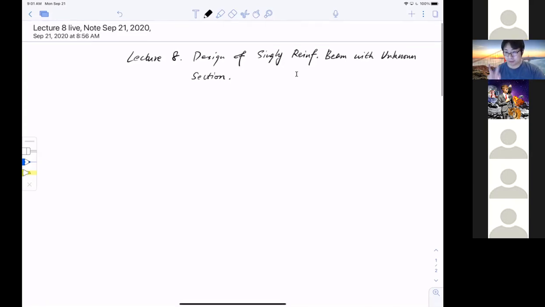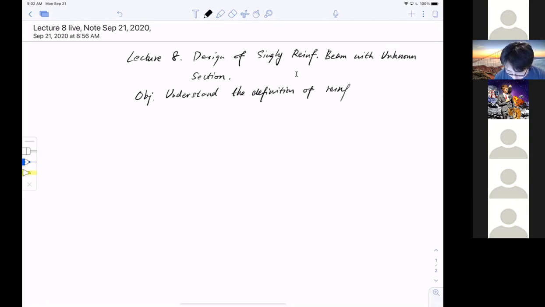And there are two objectives. First, we want you to understand the definition of reinforcement ratio. And just right now, let's define it, okay?